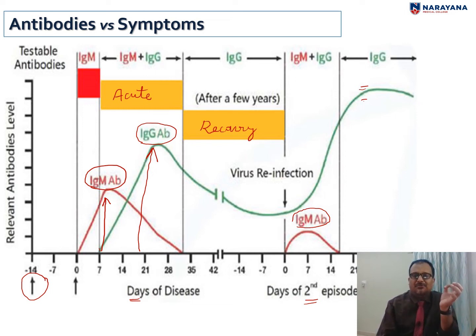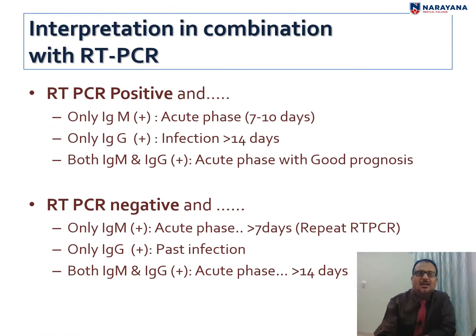The important feature to understand here is how to interpret these results: the presence or absence of IgM, the presence or absence of IgG, and the presence of both, have to be interpreted appropriately for proper diagnosis. Now, interpretation of these results along with RT-PCR.